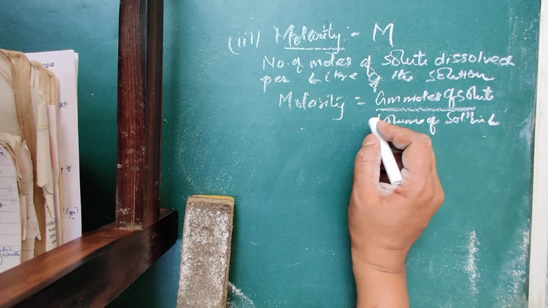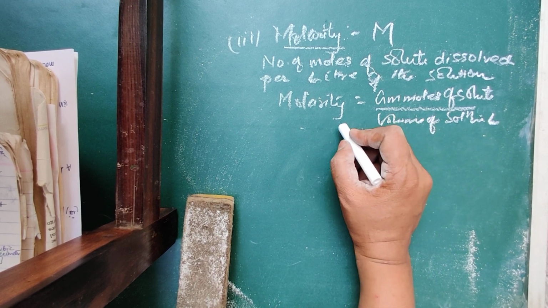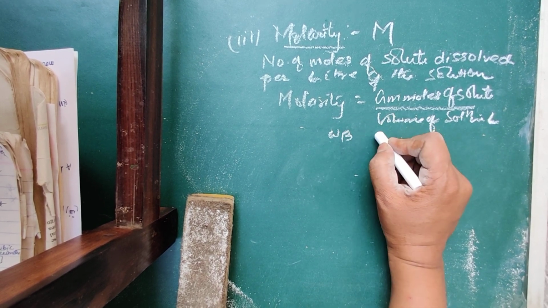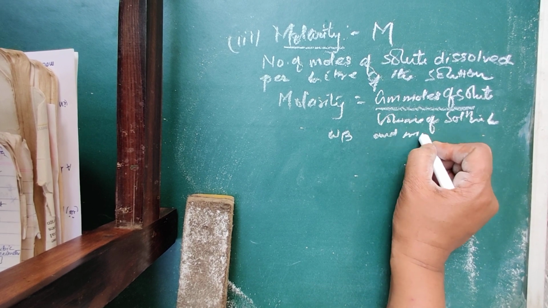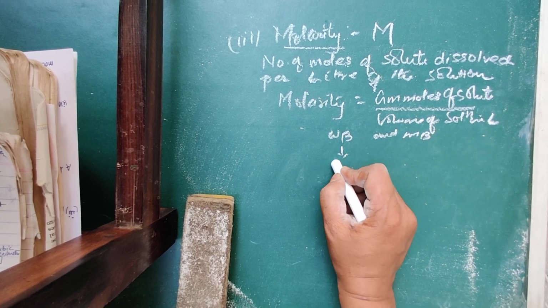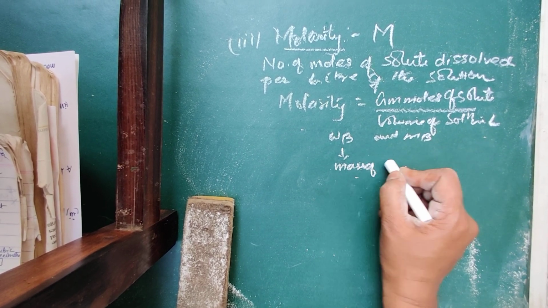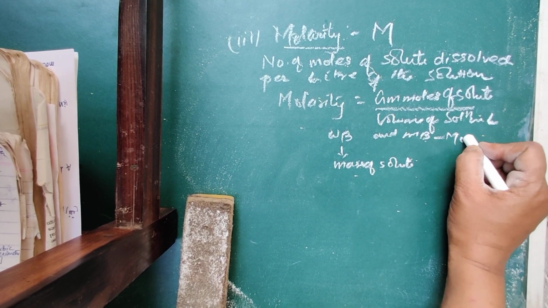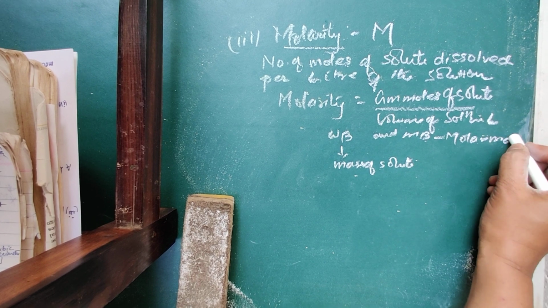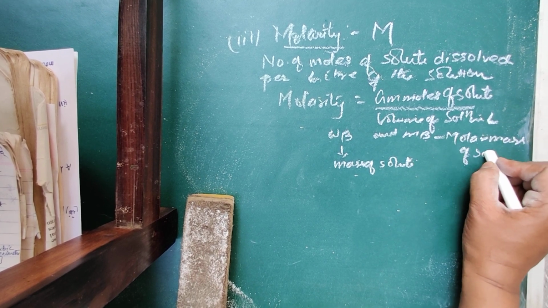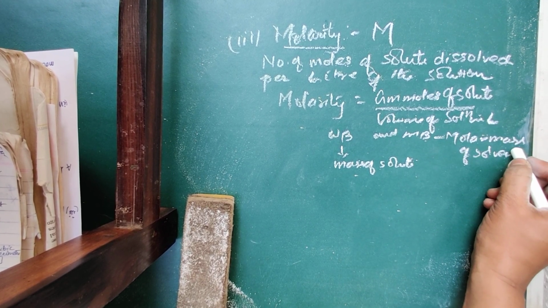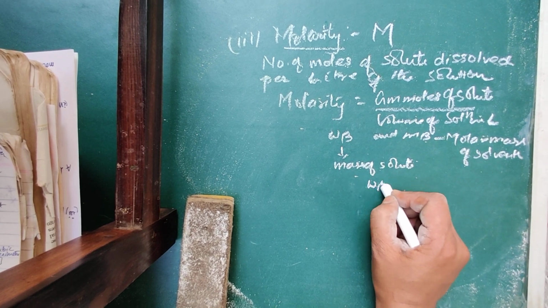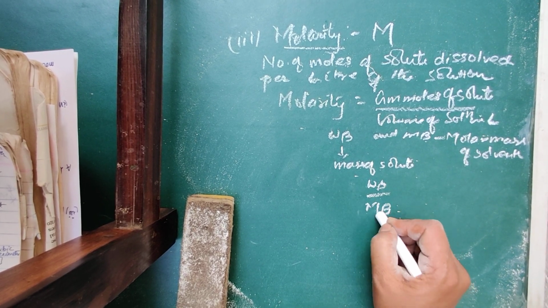So moles of solute, if you have WB and MB. What is WB? Mass of solute. MB is molar mass of solute. Then gram moles will be what? WB by MB.